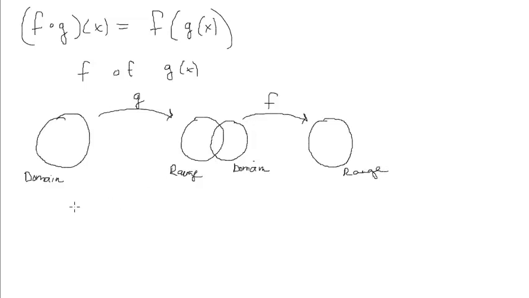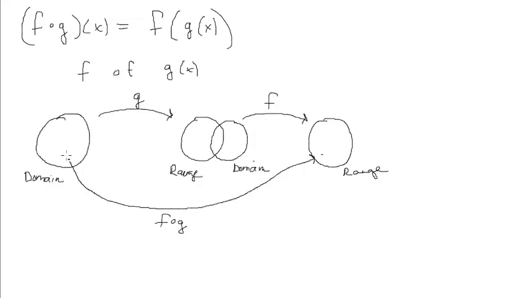Alright, so let's read that again. The domain of f of g, so f of g is actually going to take elements from the domain of g, and map them to the range of f. So in order for that to happen, the domain of f of g is the set of all numbers x in the domain of g such that g of x is in the domain of f.